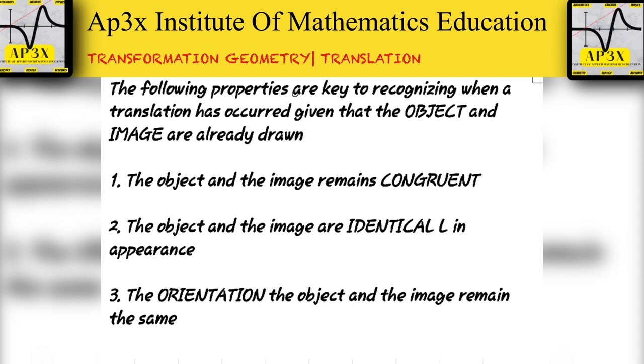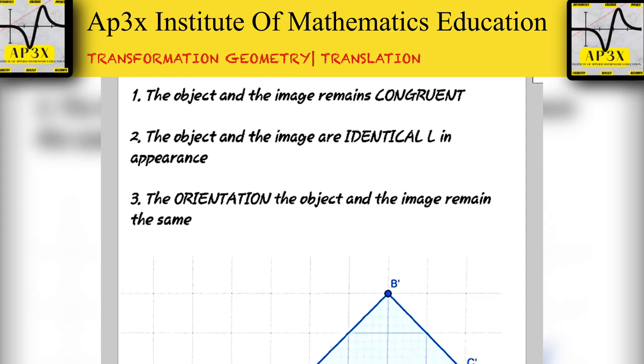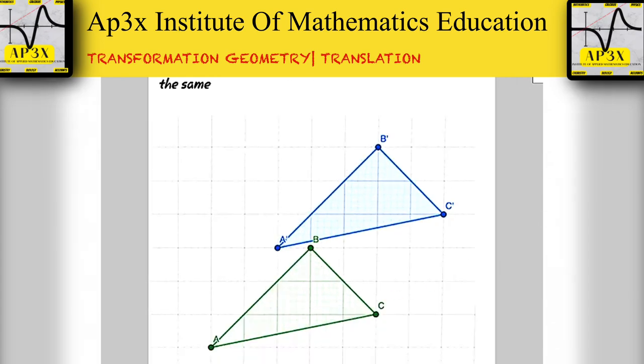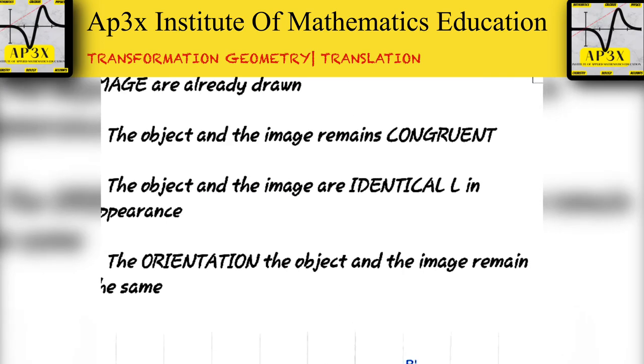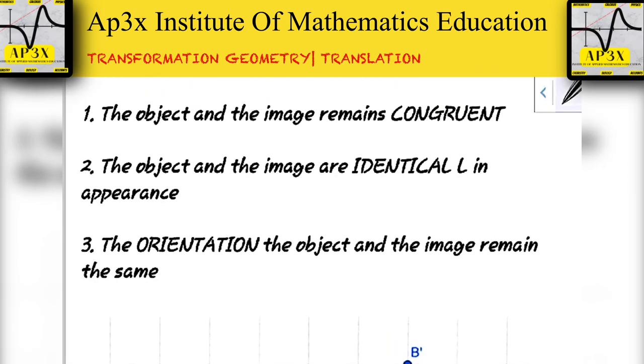Now, the following properties are key to recognizing when a translation has occurred, given that the object and the image are already drawn on paper, like what you're seeing here on screen. One of the things that I particularly use is that, number one, when I look at the object, the shape, and compare it to how the image looks, they should look absolutely equal in all respects.